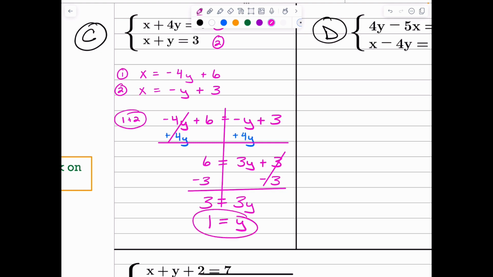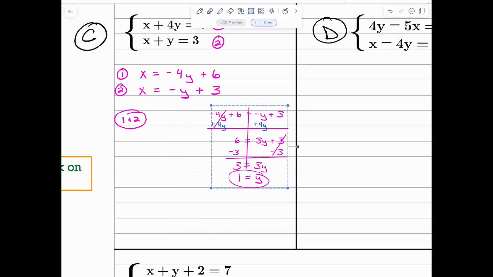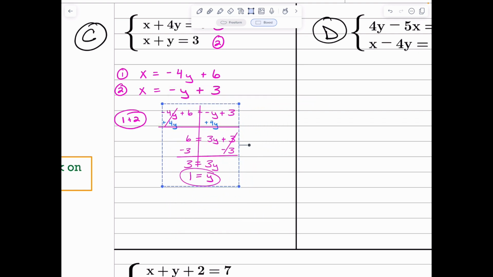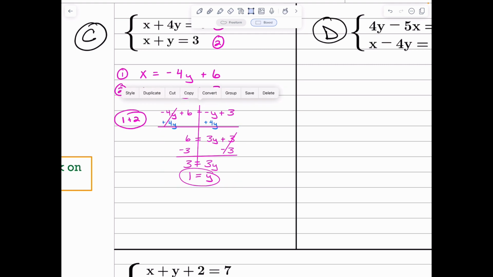So all that work, and I now have the value of y, and it sure took up an awful lot of space in my paper. Now I need some room so I can solve for x. So I'm going to take either equation 1 or equation 2.